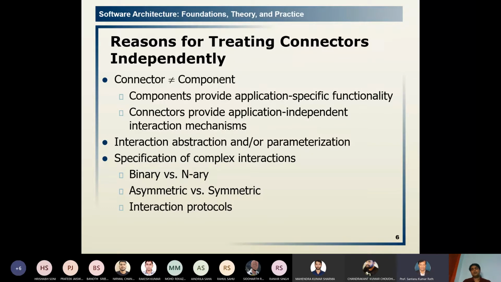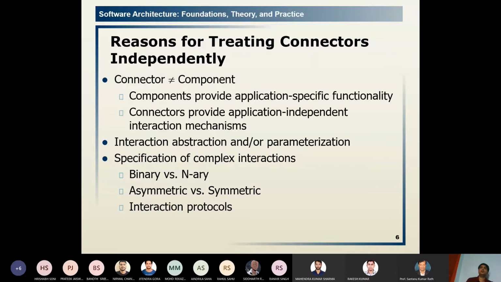Then the interaction abstraction or parameterization. The interaction abstraction is done with some parameters. We evaluate the interaction mechanism between the components through a parameterization technique with some evaluational parameters. Then specification of complex interactions.